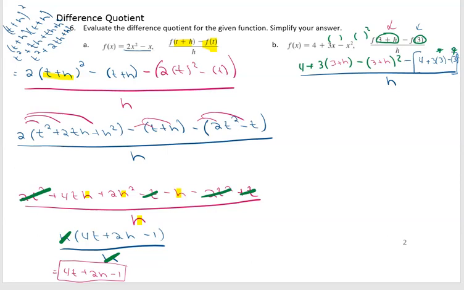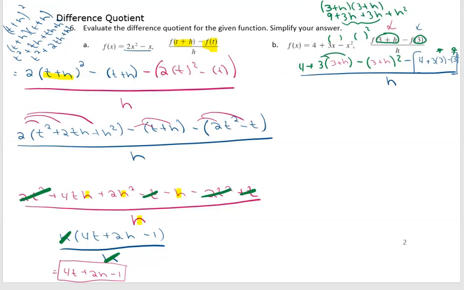This needs to be FOILed, so that will look like 3 plus h times 3 plus h. 3 times 3 is 9. 3 times h is 3h. H times 3 is 3h. H times h is h squared. So we can simplify this piece right here. We can distribute right here.